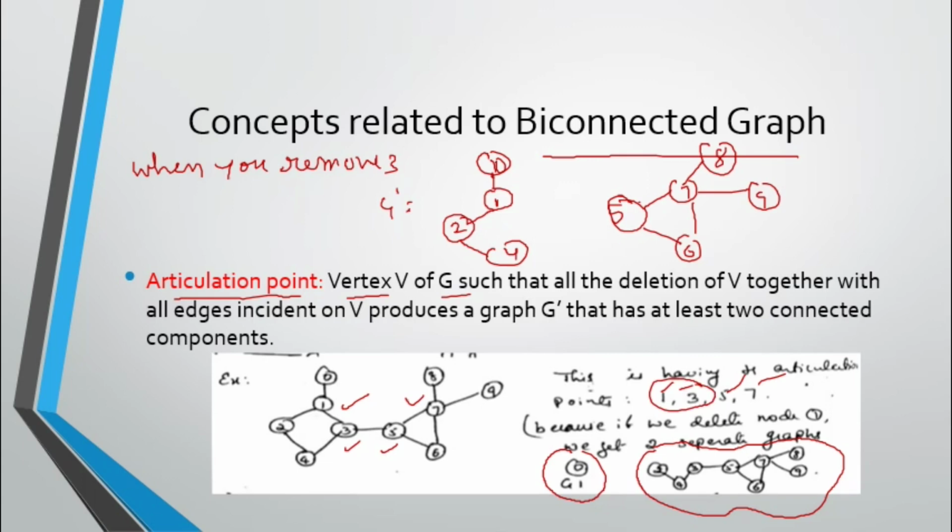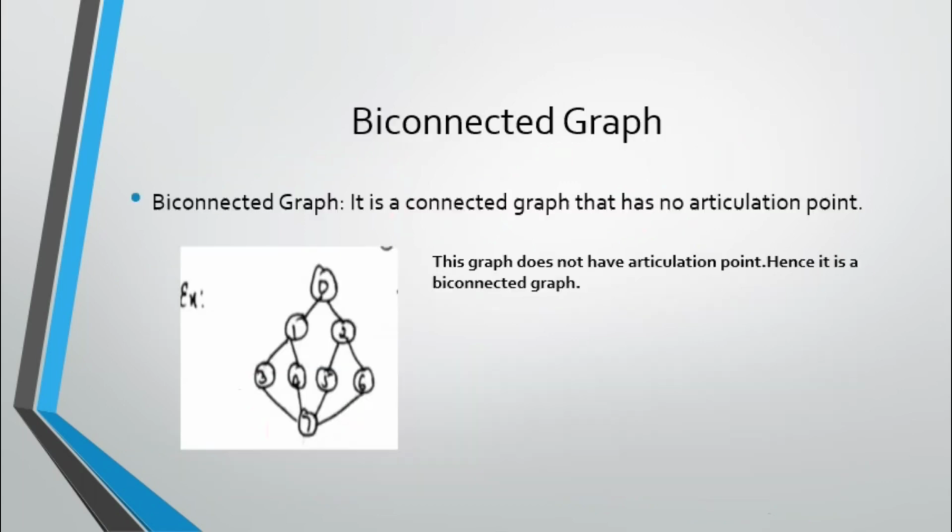If you remove 5, two graphs will be there. Similarly 7 also, where 8 and 9 will be different pieces. If you remove 7, of course, it will give you three graphs. So that is the concept of the articulation point.